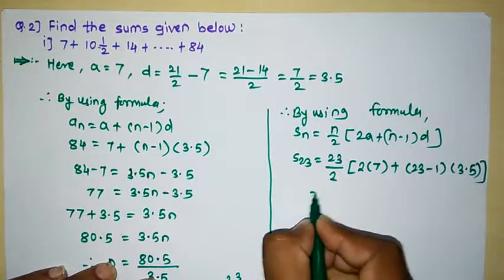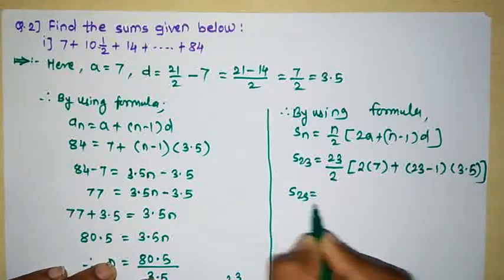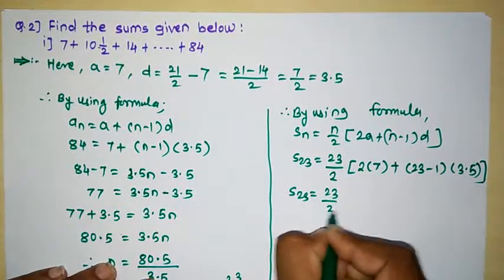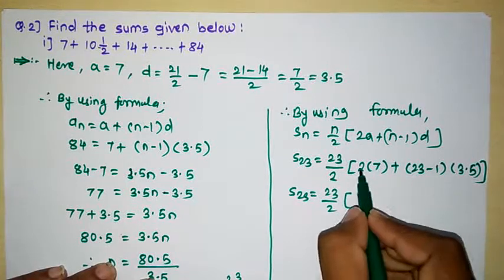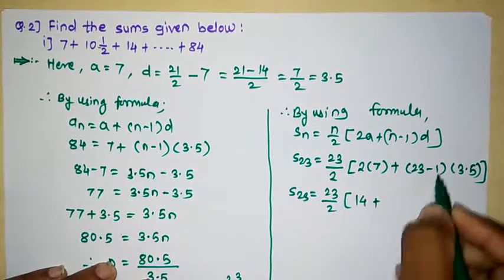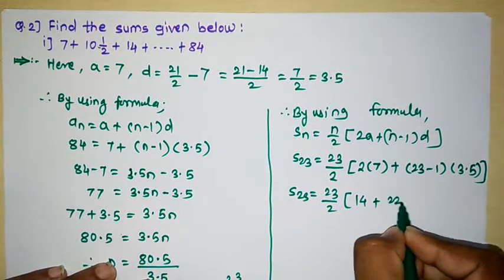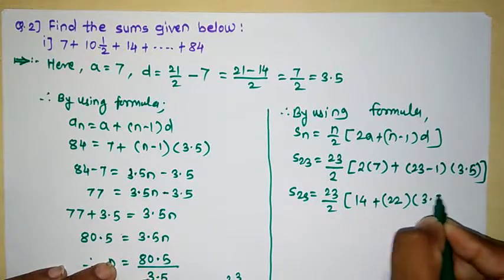Now we will solve this. Just 23 by 2 as it is. First we will solve the bracket. 2 into 7, that is 14, plus 23 minus 1, which is equal to 22, into 3.5.